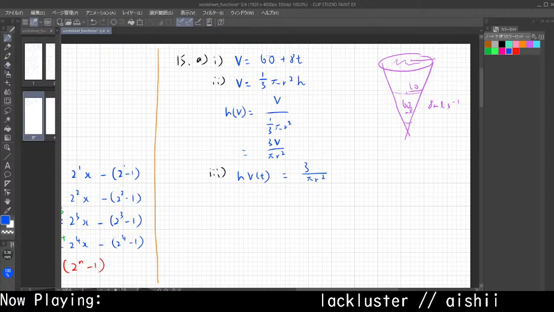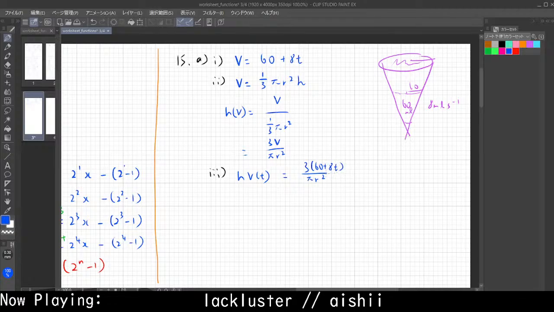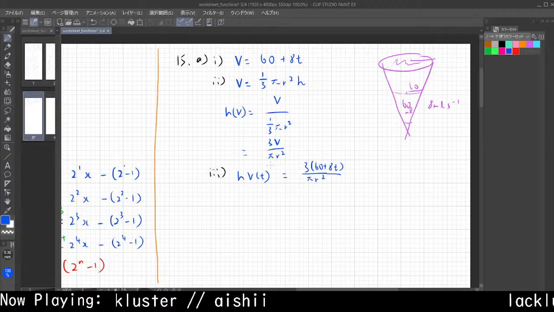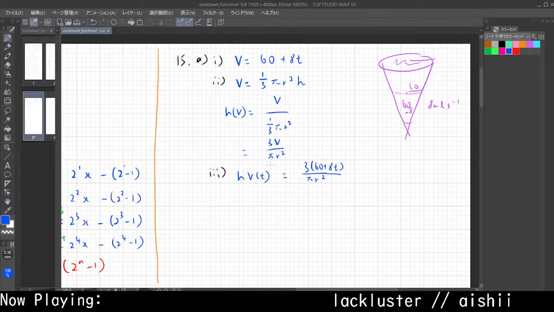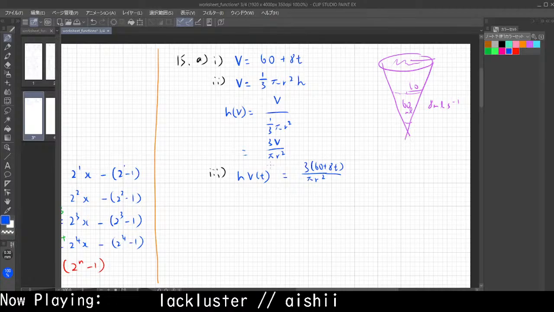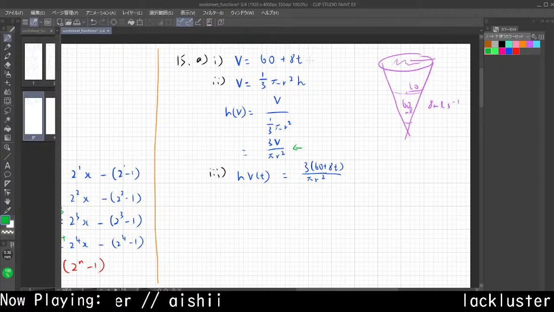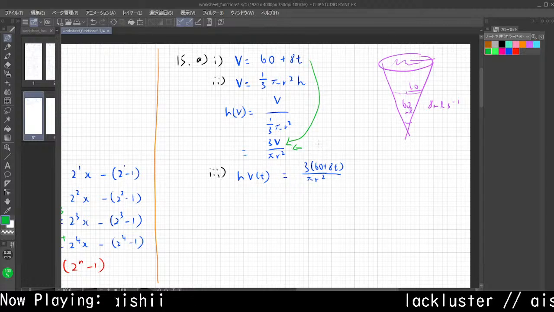So V equals 60 plus 8t. You can just substitute it in here because he wants the composite function H(V(t)), which means you want to combine your H and your V together. So you take your expression for H, replace the V into here, and you get this as your end result.